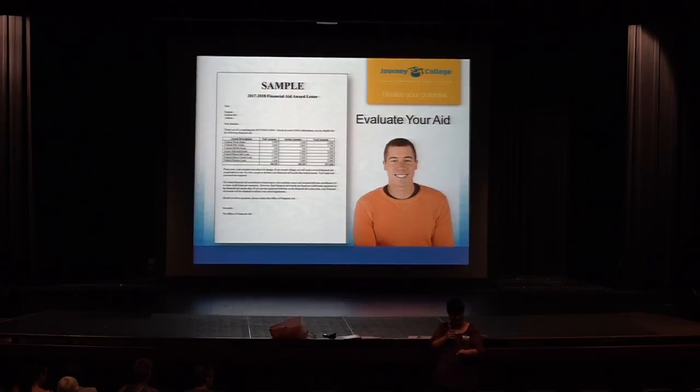All post-secondary institutions are going to be different, so it's their cost of attendance minus your EFC, and that gives you a financial need. That's what they base their determination on as far as the financial aid that you're eligible for.